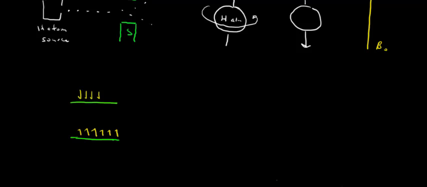And so, again, the direction of the applied field, I think I'll represent that in red now, is this way. So the spectrometer is generating a very powerful magnetic field. And I'll represent that again as B sub naught in this direction. So we have more nuclei aligned with the magnetic field in the lower energy state than against the magnetic field in the higher energy state.